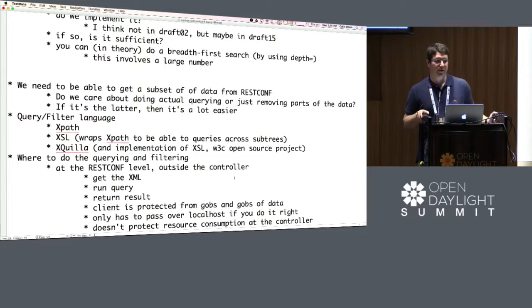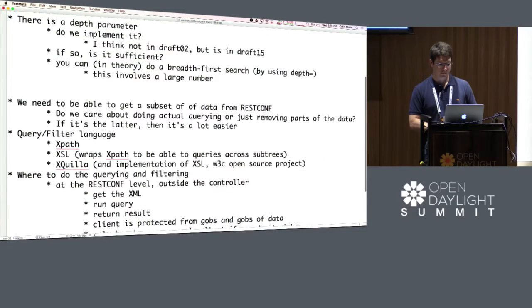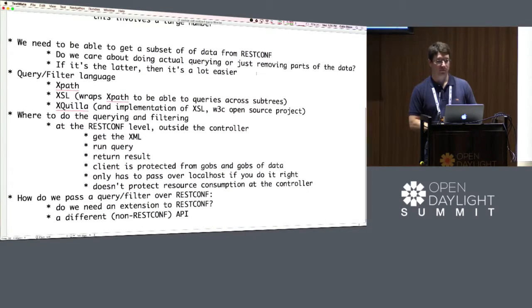Just a data point, the depth parameter is implemented in draft 15. Okay. And unlike the spec, it actually allows for depth more than 64K. The spec says only 64K. We actually implement any integer, if the need is there.